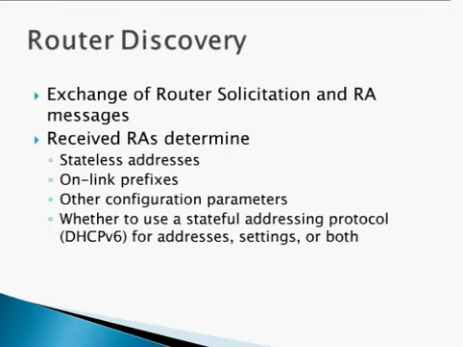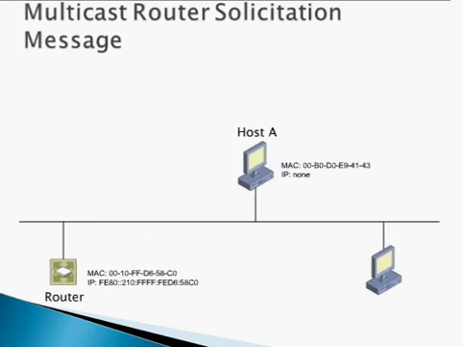And for our purposes, do I use a stateful addressing protocol, aka DHCPv6, to get stateful addresses, to just get settings from DHCPv6, or do I use it for both types of configuration? So let's take a look at this message exchange, see what's inside of these packets to give you an idea of some of the important elements of this interaction that informs the later auto configuration process.